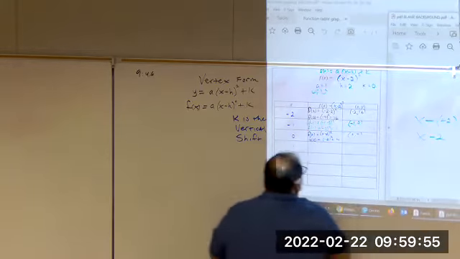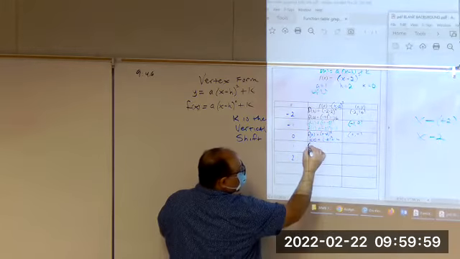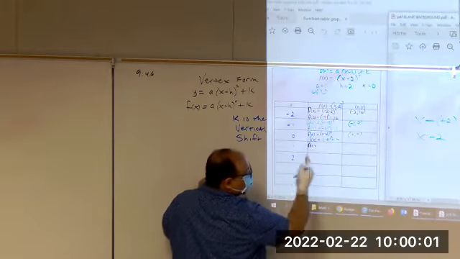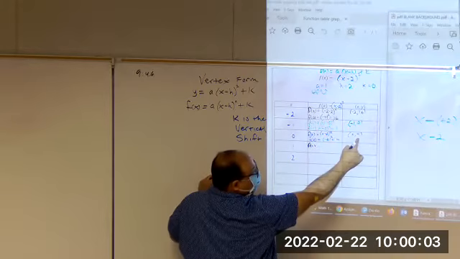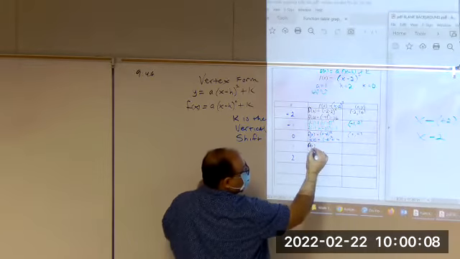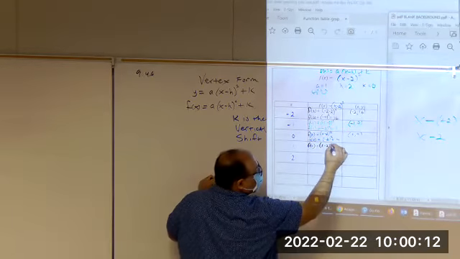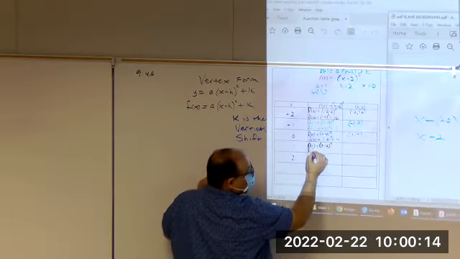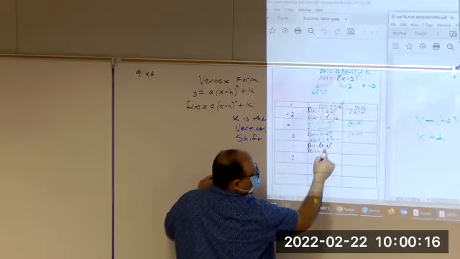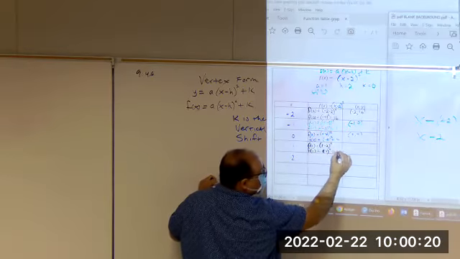Well, the only way to find out is to go 1 to the right. Now, for 1, if that's the vertex, it should go back up. You should get something bigger than 4. If we have symmetry, it should go back up to 9. So that's 1 minus 2, and then you square it. So f of 1 is 1 minus 2, which is negative 1, squared, and that's positive 1.